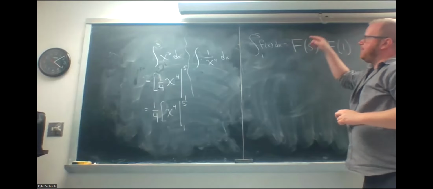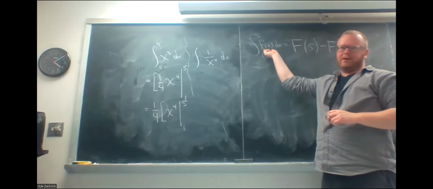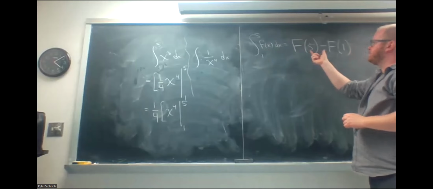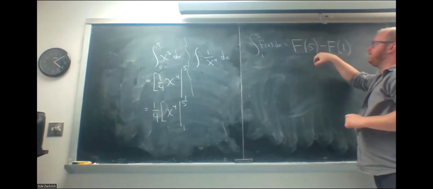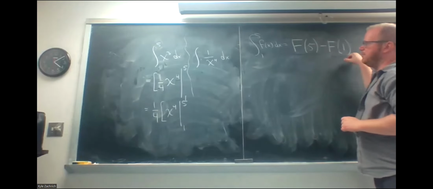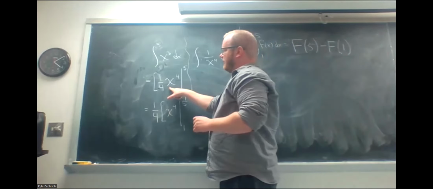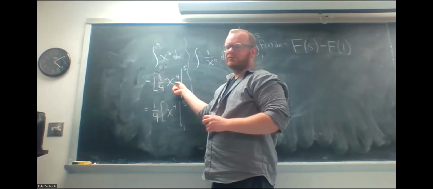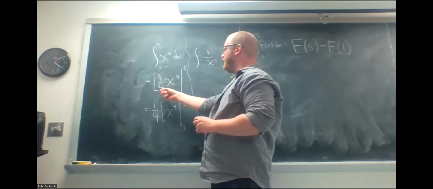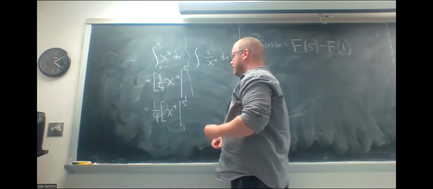what we're doing with the fundamental theorem of calculus is saying that if we take the integral of little f, that's going to be equal to the antiderivative at 5 minus the antiderivative at 1. This thing that I've got here, 1/4 x to the 4th, is my capital F. So I'm saying capital F at 5 minus capital F at 1.